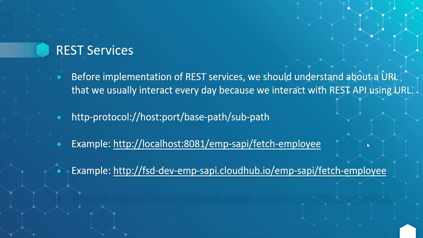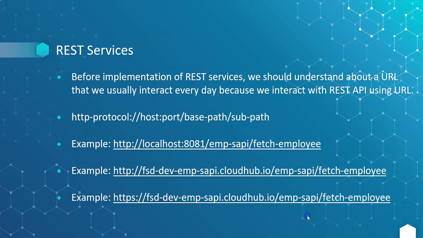Since we develop REST services, and those can be consumable over URL over the internet, if we do not have security on top of REST services, then everyone can consume those services. If we apply security, then that will be an HTTPS service. The HTTPS service URL looks like this.